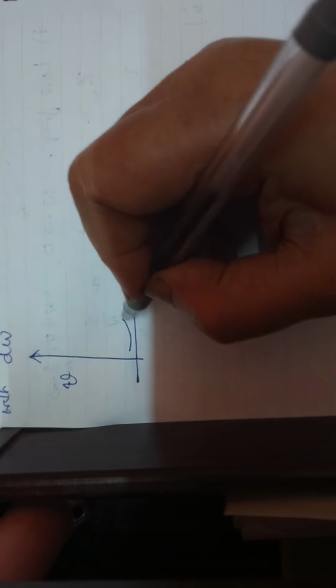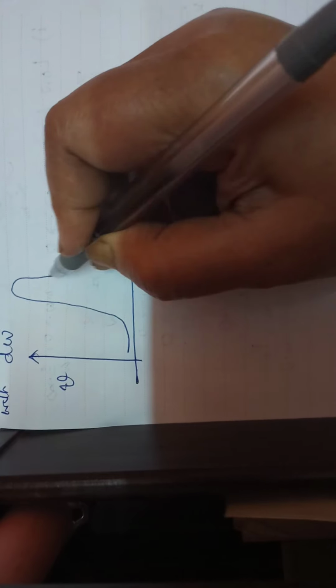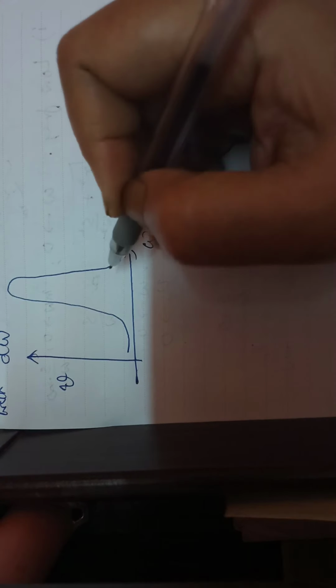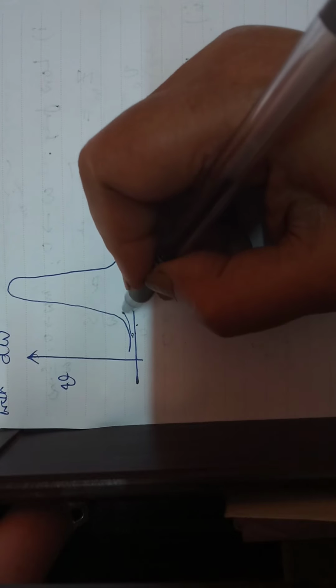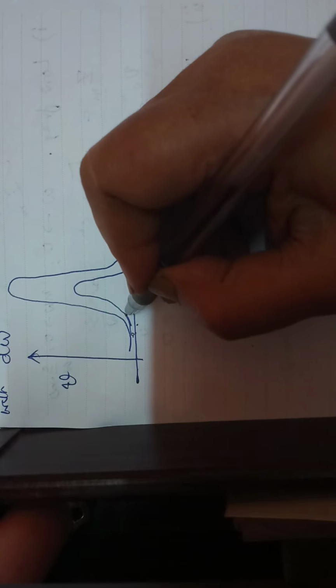So graphically, if you draw the velocity resonance, this is how it occurs. This is your velocity, this is your frequency. The less the r, the sharper the resonance. The more the r, the sharpness decreases.